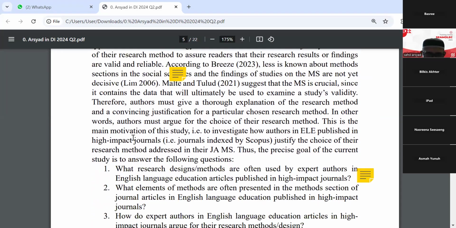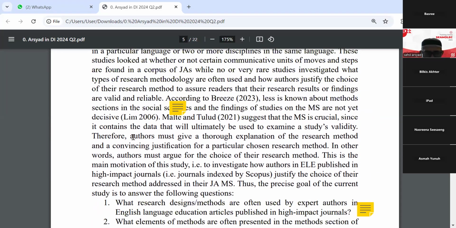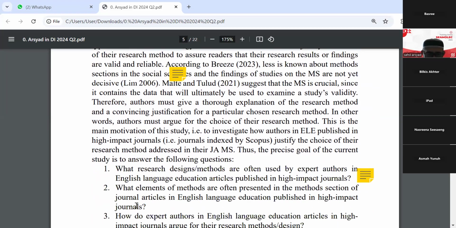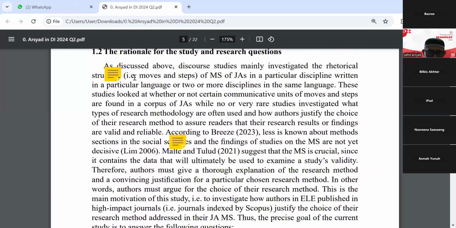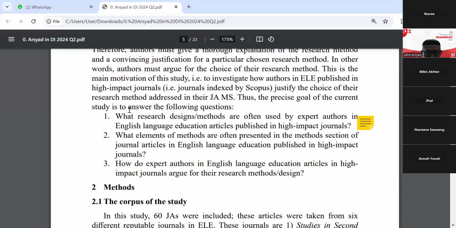So what is the research gap? Based on that research gap, we write our research question. So the research question is a guideline that helps us fill in the gap of knowledge, as we call it here in the research gap.